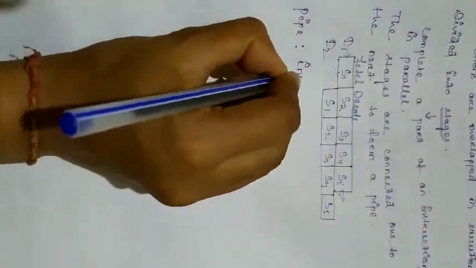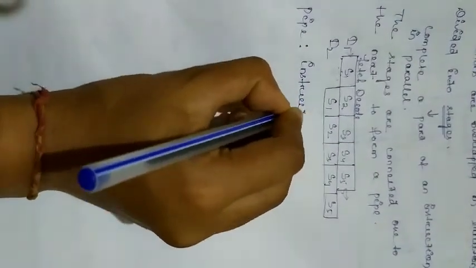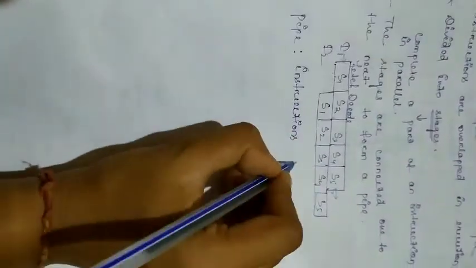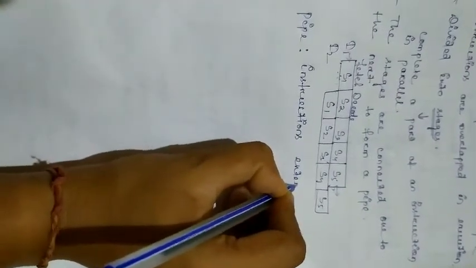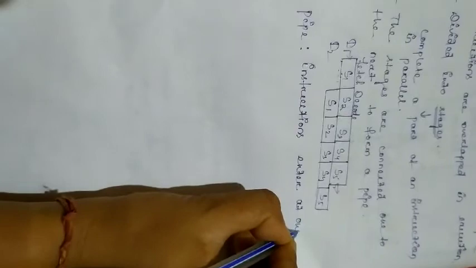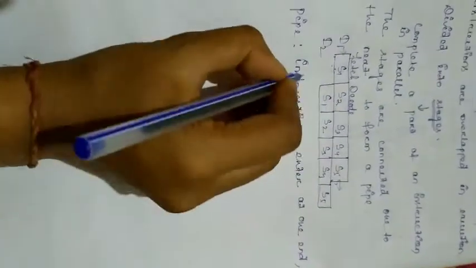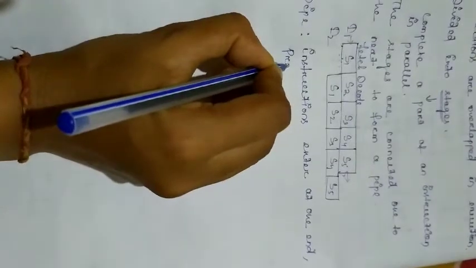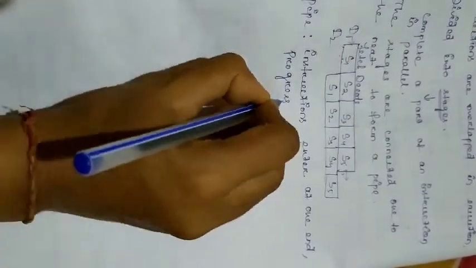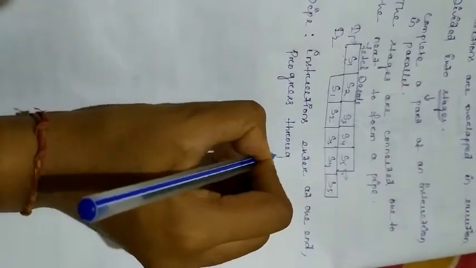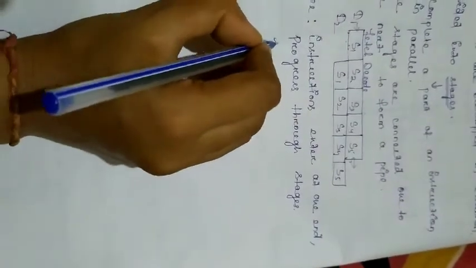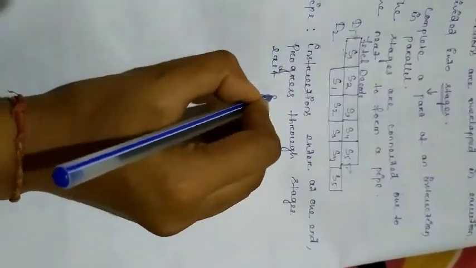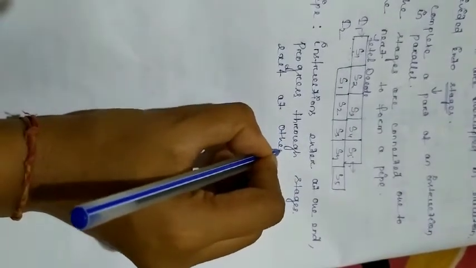Instructions enter at one end, then progress through stages, then exit at the other end. That is the concept of pipelining.